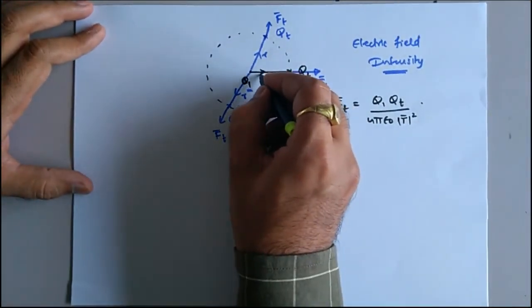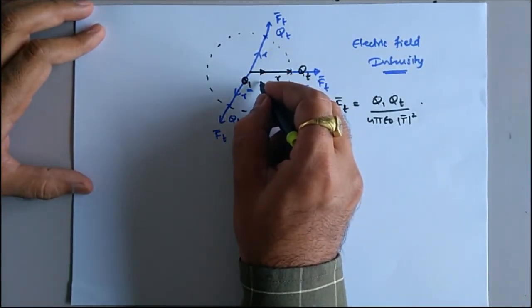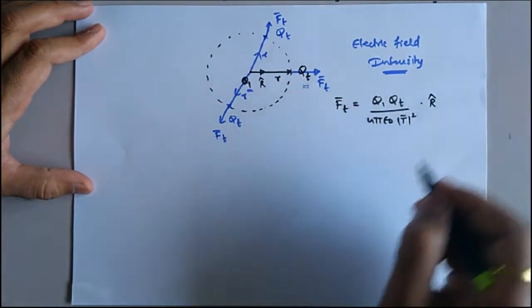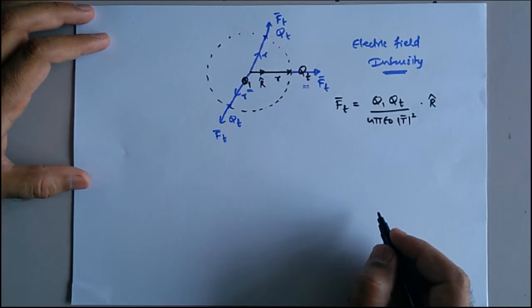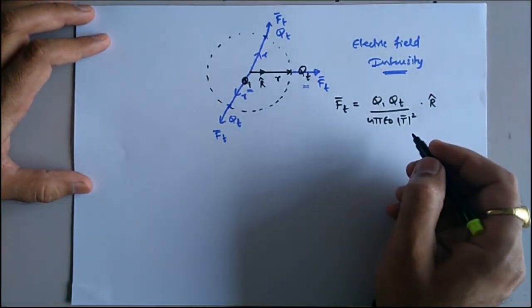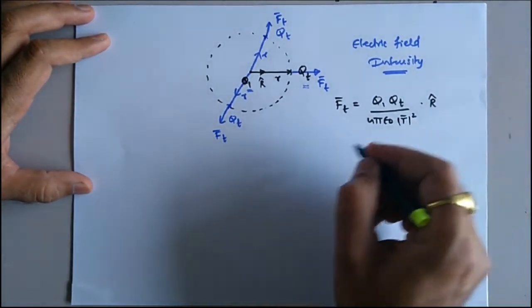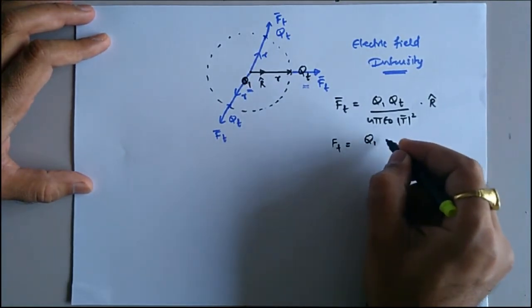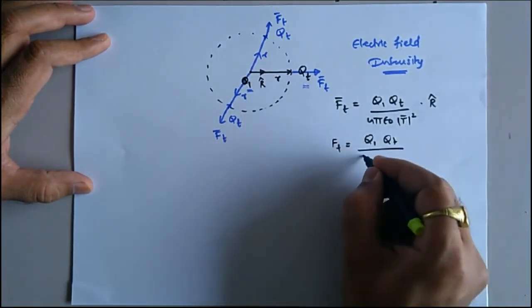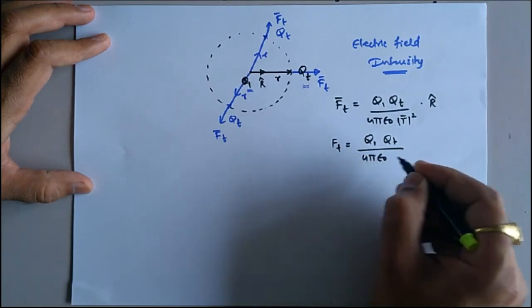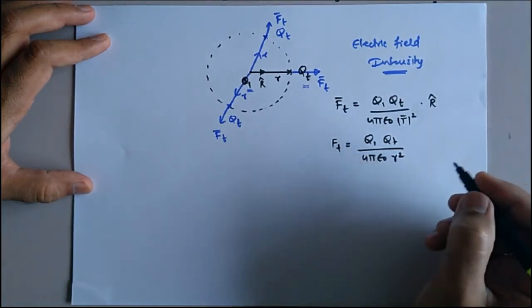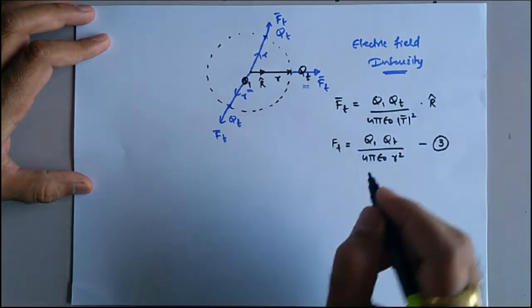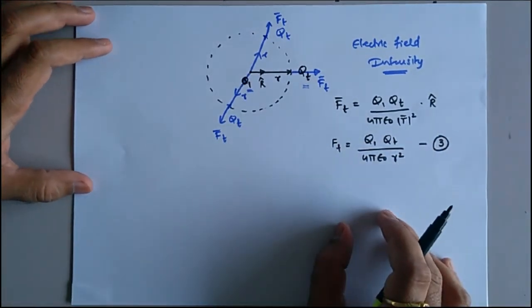Let the unit vector be indicated by symbol capital R cap, so here we need to multiply it by capital R cap. And if you are interested to write in scalar form, the equation can be rewritten as Ft is equal to q1 into qt whole divided by 4 pi epsilon naught multiplied by r square. Let that be equation number 3, where r indicates the radius of that particular sphere.